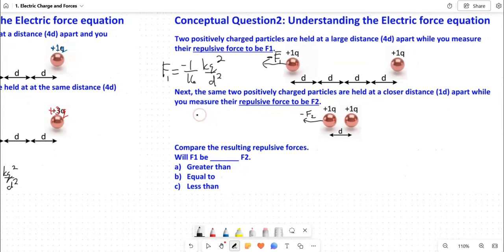Let's do the force equation for this. So this is going to be F2 getting pushed to the left. We're doing a force diagram on that positive 1q on the left. This positive 1q's electric field is pushing it to the left. And it's a distance d apart. So that's 1d that we're squaring.